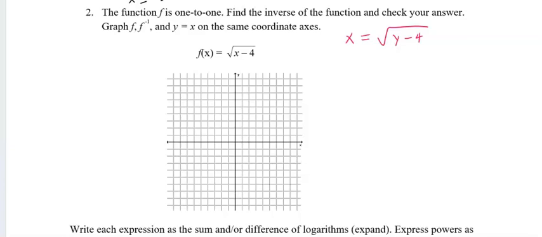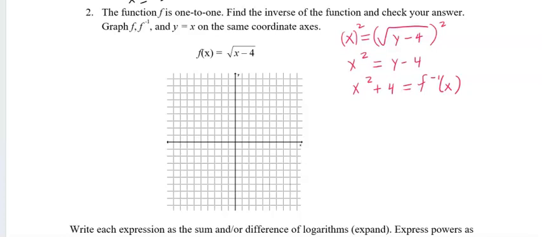So we raise both sides to the second power. And then I'm going to add 4 to both sides. And then when you get to the point where you have found the inverse, I'd like for you to use the notation f inverse. This means we started with f and we've come up with the inverse of f.